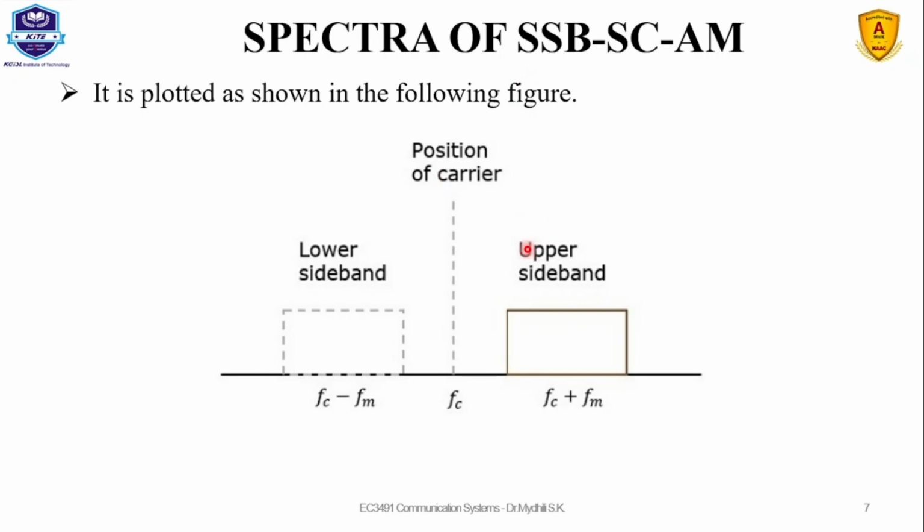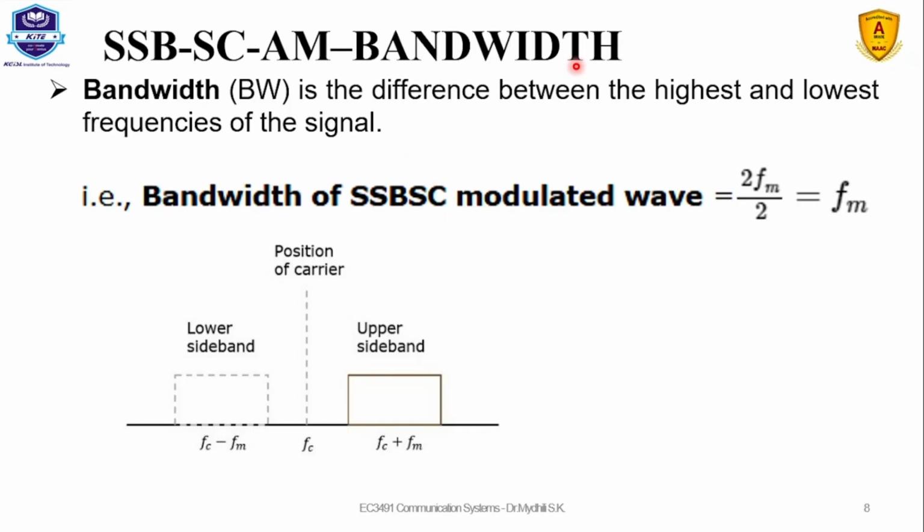Hence only one sideband is present, so it is called a single sideband suppressed carrier amplitude modulated signal. Based on the bandwidth, with respect to the spectra, the signal present is only in sideband form. From the carrier till this we have only the fm signal. So the maximum bandwidth of a single sideband suppressed carrier modulated wave will be just fm.